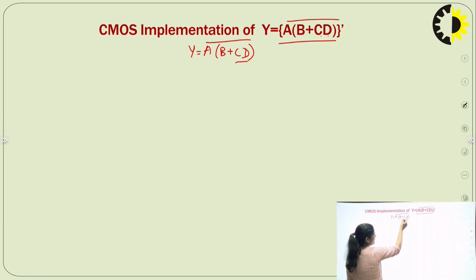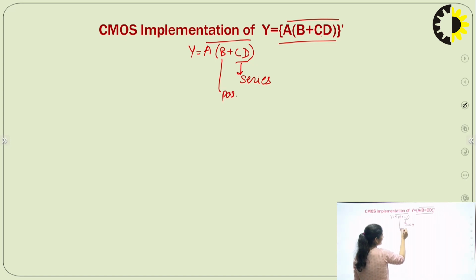So CMOS implementation, how we can do? C dot D. It means C dot D are in series in the case of NMOS. And then C and D are in series. Then B is in parallel with this C and D. When C and D are connected in series, B is in parallel with that.